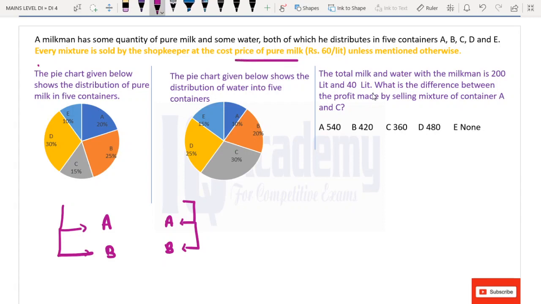Here the cost price of pure milk is 60 rupees and he is selling the total mixture also at a price of 60 per liter.